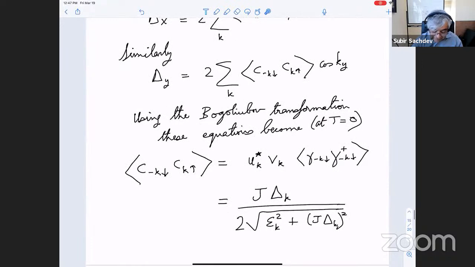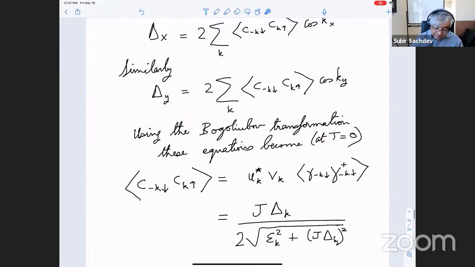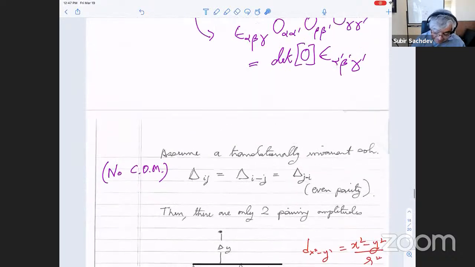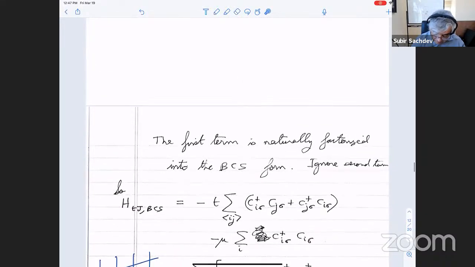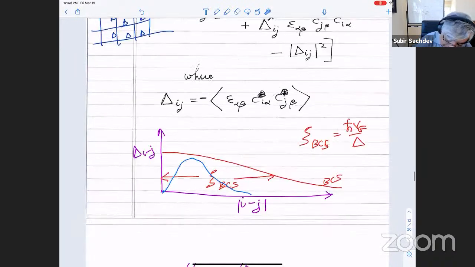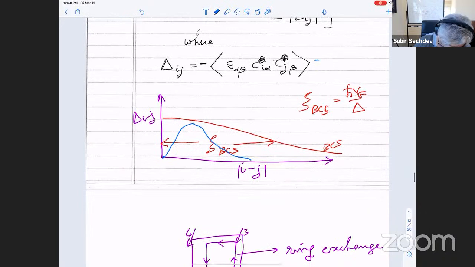let me write that out. This delta_ij is equal to, in this center of mass frame, the sum over k of c_{-k,up} c_{k,down} times e^{ik(r_i - r_j)}.